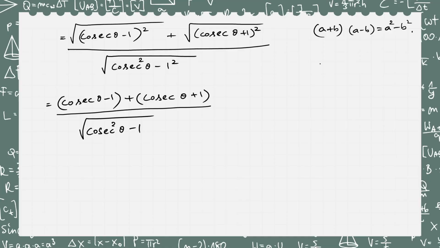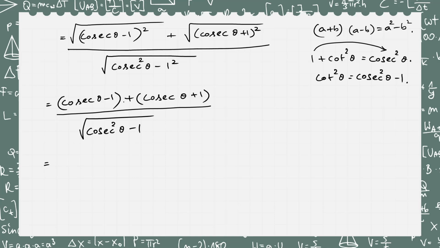And one thing we have to understand here is 1 plus cot square theta equals cosecant square theta from the identities. If this 1 goes to the other side, what will happen? Cot square theta equals cosecant square theta minus 1. Isn't it the same as what is inside the square root in the denominator? So we can replace that with cot square theta.